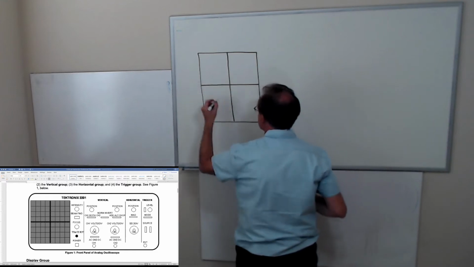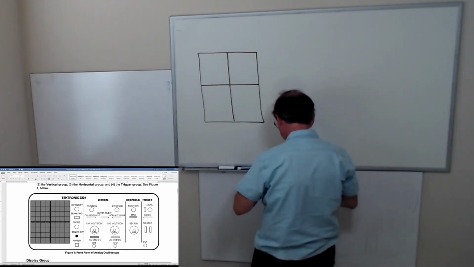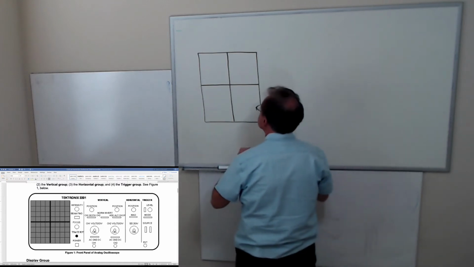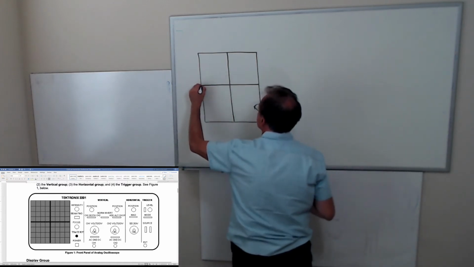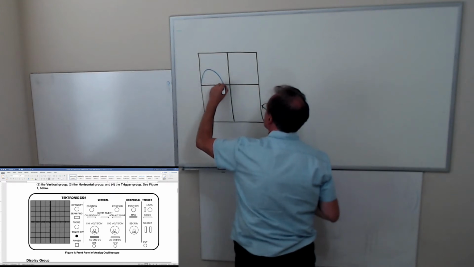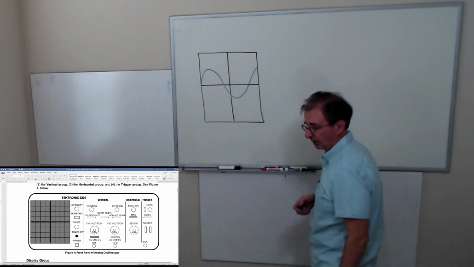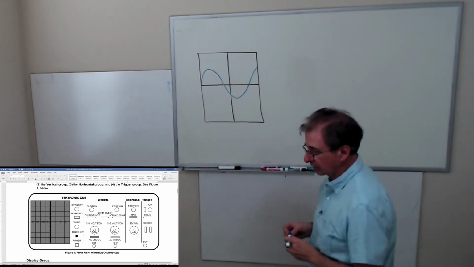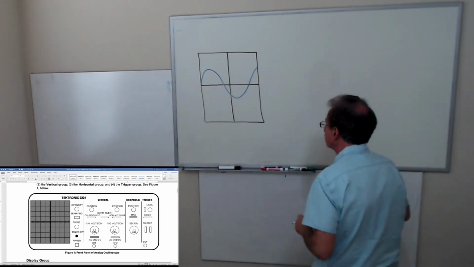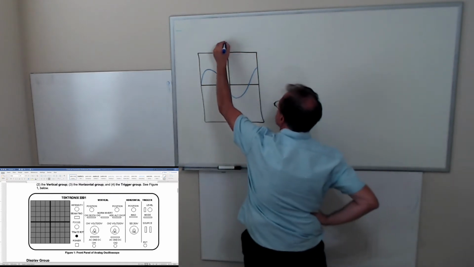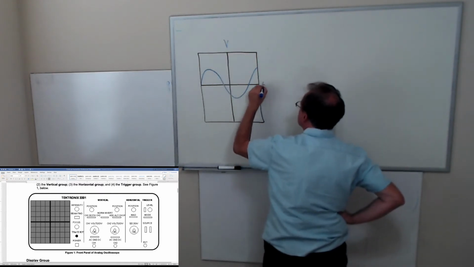Here's my coordinate system. This is my origin. I'm going to draw some arbitrary signal, like this. Okay? So I'll draw my signal in that manner. Now again, the vertical direction is volts, the horizontal direction is time.